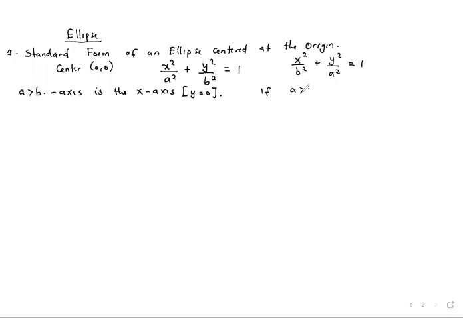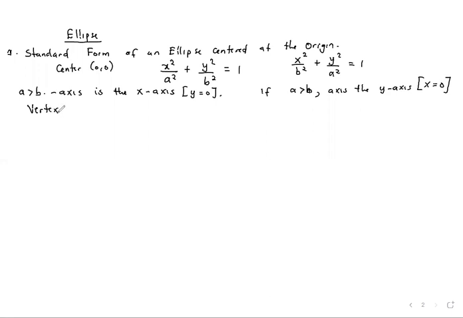Again, a greater than b. Then the axis is the y-axis, the major axis, which is the line x is equal to 0, like that. Then we'll have the vertex.